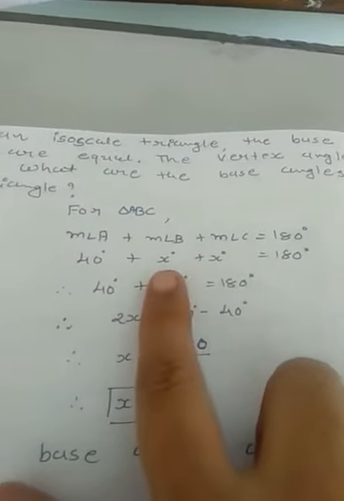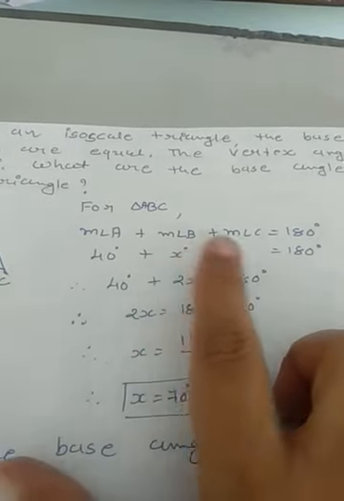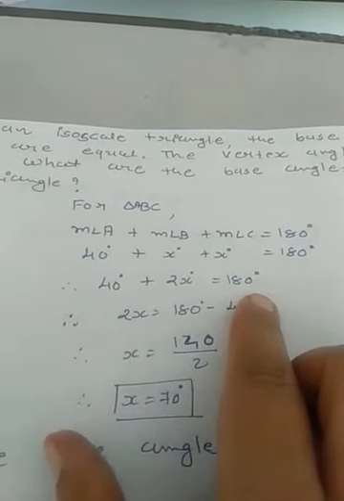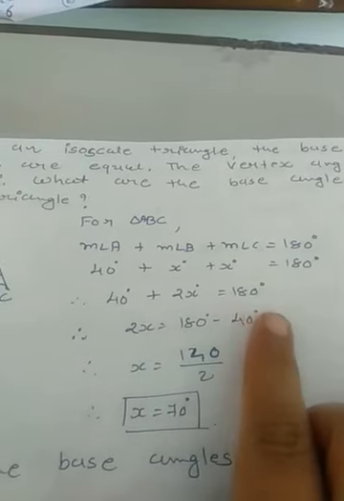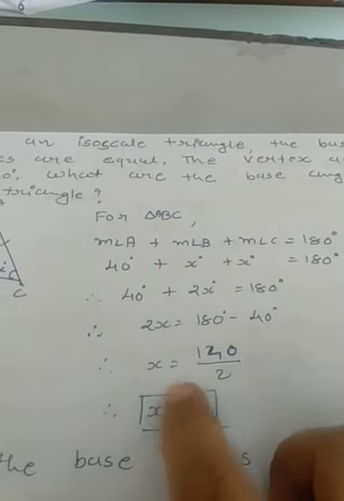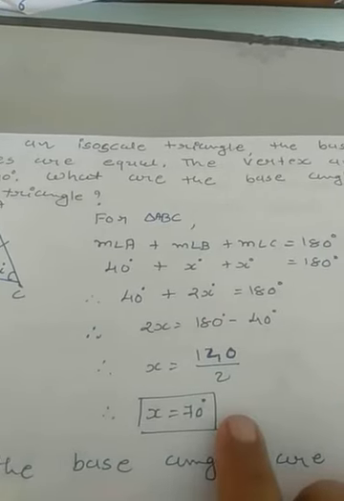So 40 as it is, and x plus x is 2x, equals 180. 40 will go to the right-hand side, so minus 40. 180 minus 40 is 140, and 2 will come in the denominator. 2 sevens are 14, so x equals 70 degrees.